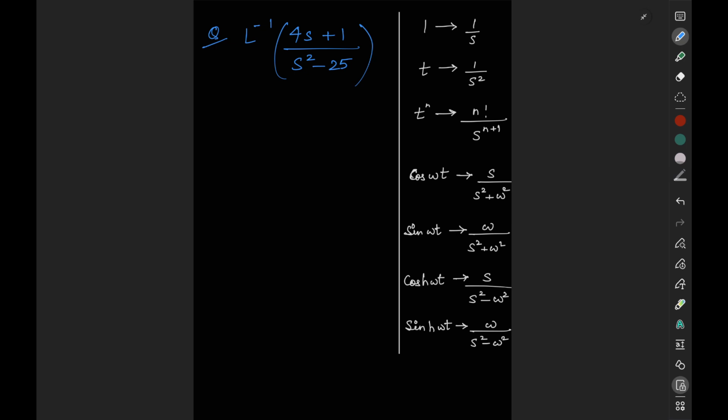In these kinds of questions, where the denominator contains s square minus something or s square plus something, it means it is of the form cos omega t or sin omega t or cos hyperbolic omega t or sin hyperbolic omega t.